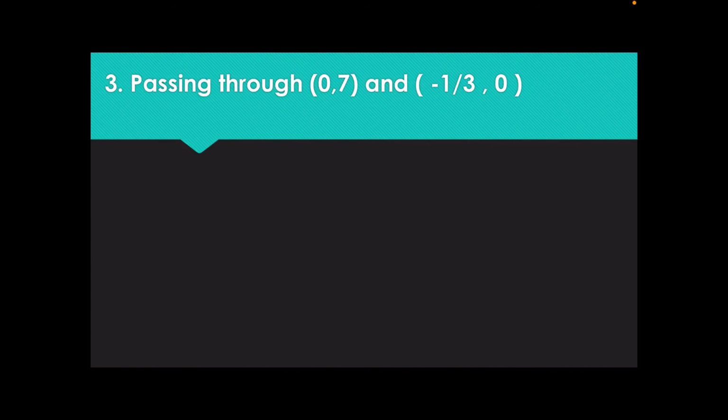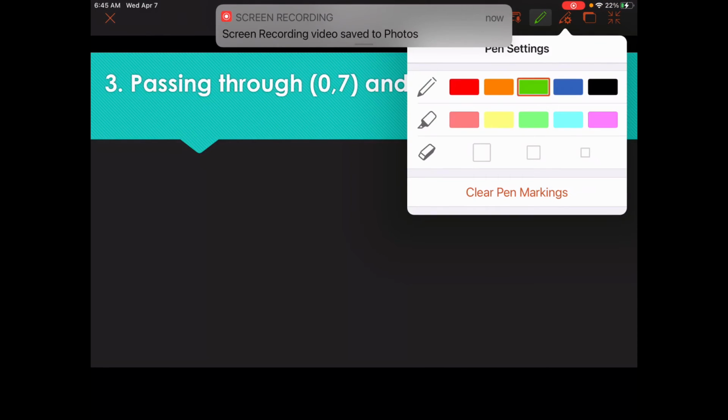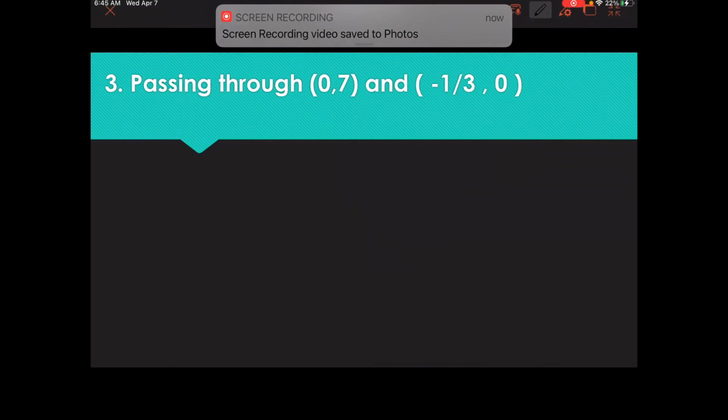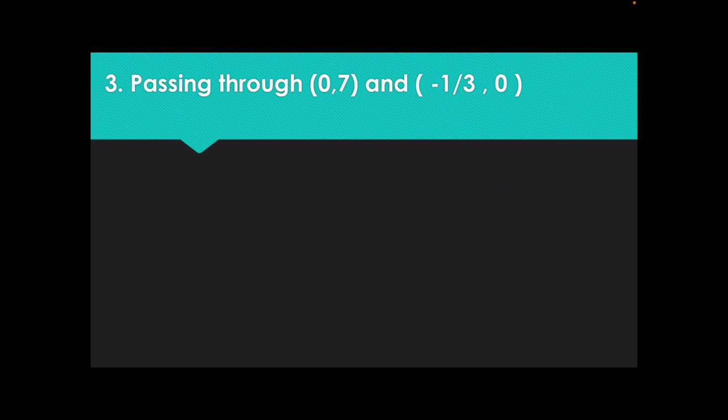Question number 3. Passing through (0, 7) and (negative 1/3, 0). Okay, so how do we answer this one? Okay, so here we have a value for y, which is 7. Because this is x and y, right?